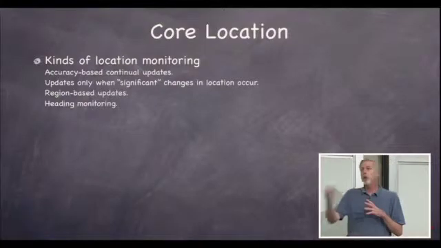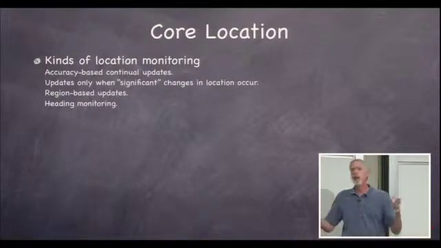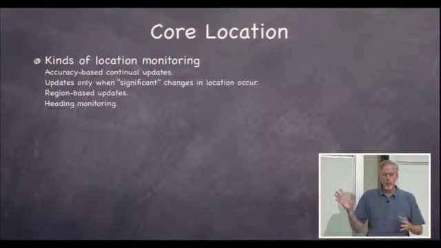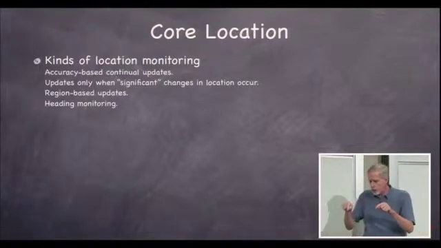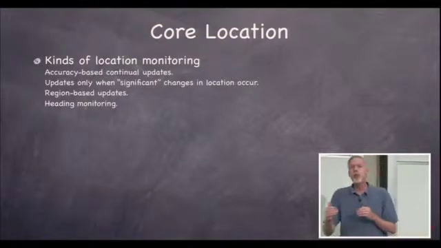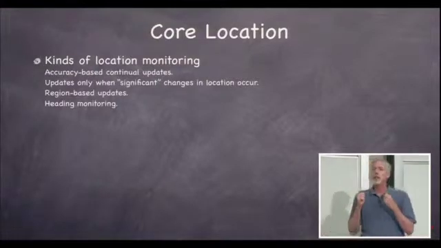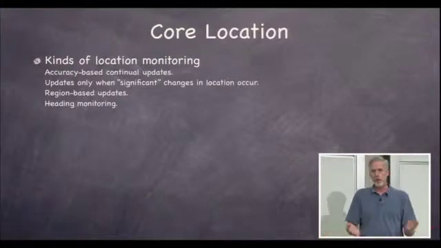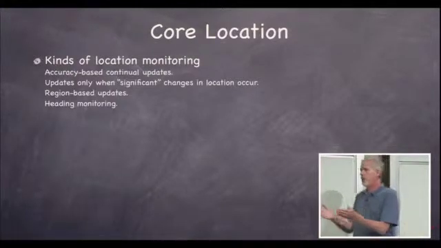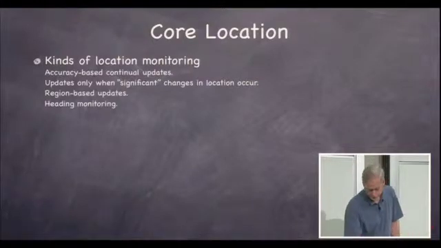This is basically moving to different cell towers, that level. And there's something really cool about that kind of updating. Then there are region-based updates, where you define a region on Earth, and when the person crosses into that region, you get an update. And then, of course, there's heading monitoring too. It'll just report when the person turns their device to point in a different direction.